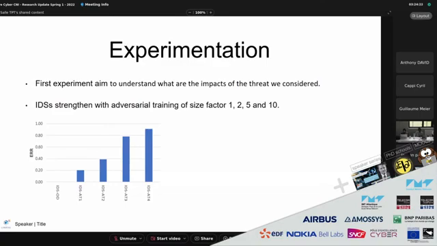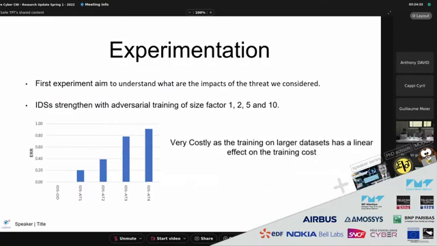We don't apply any defense mechanism here, so it is completely defeated by the attack generator. So we notice that adversarial training works well, but at the expense of scaling factors of 5 or 10 times the size of the original dataset. So it's very costly. For the next experiments, we will focus on S2 because it has the middle performance, so we can compare it with other IDSs.